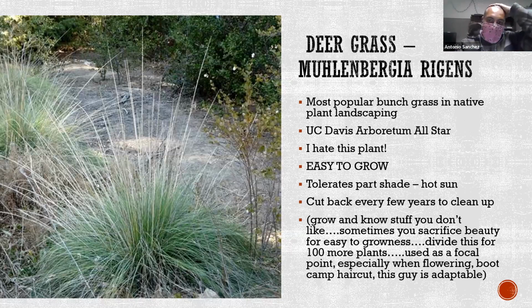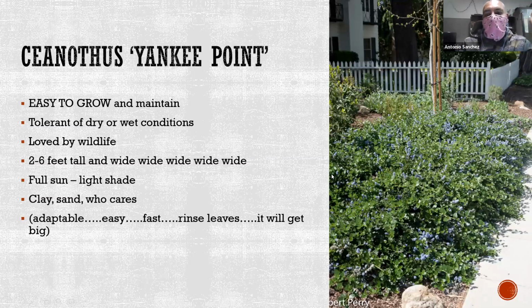Yankee Point. This is what a lot of folks will use for either ground cover or a hedge like the Island Snapdragon. This guy flowers a little bit almost all year, but really the heavy is February, March, April, kind of those months is when most of our ceanothus flower. The thing about ceanothus is that they love to have room to spread.